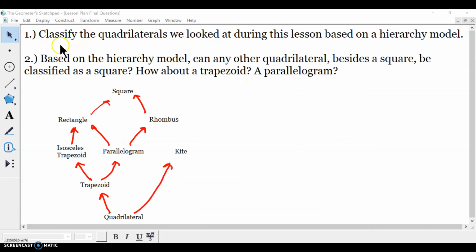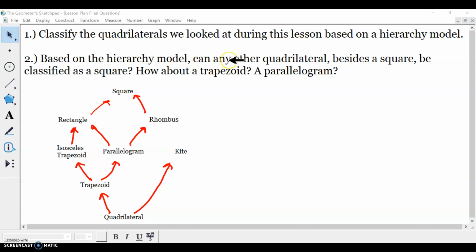So now that we came up with those more inclusive definitions, we can classify these quadrilaterals based on a hierarchy model that looks something like this. So a hierarchy model shows us how each quadrilateral can be classified. So a square can be classified as a rectangle and a rhombus. A rectangle can be classified as an isosceles trapezoid and a parallelogram. A rhombus can be classified as a parallelogram, and so on and so forth.